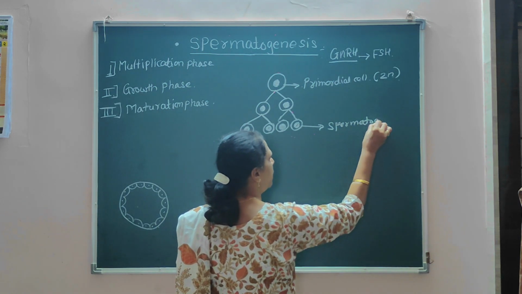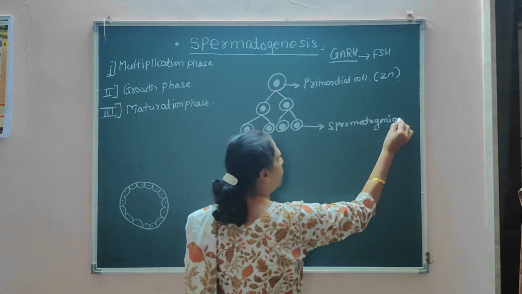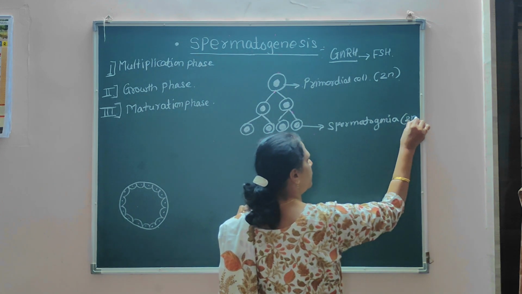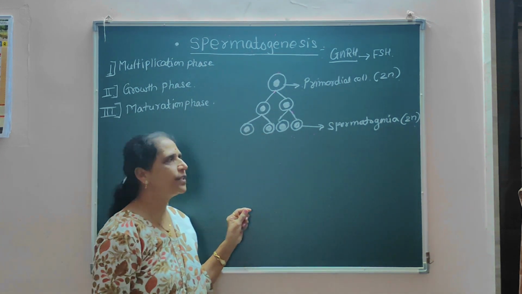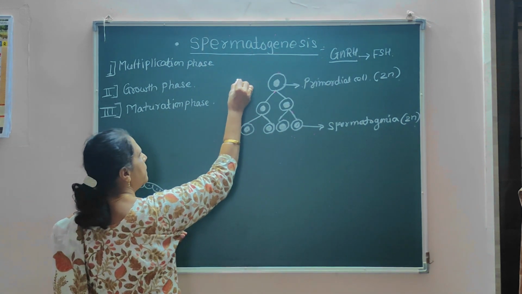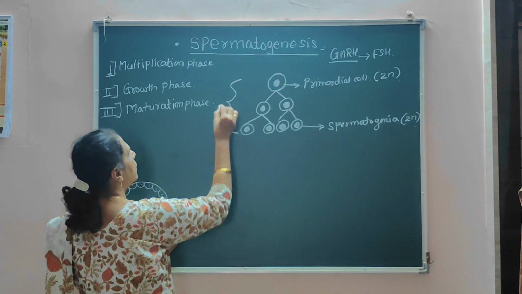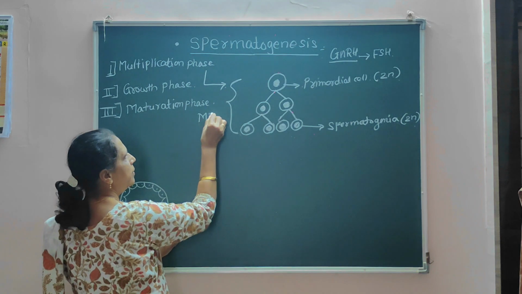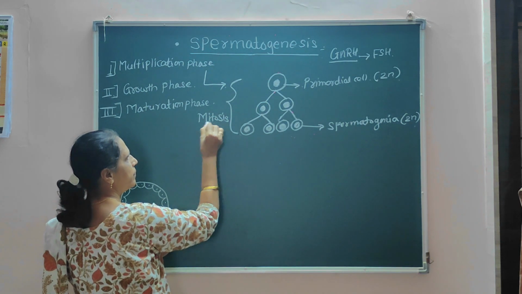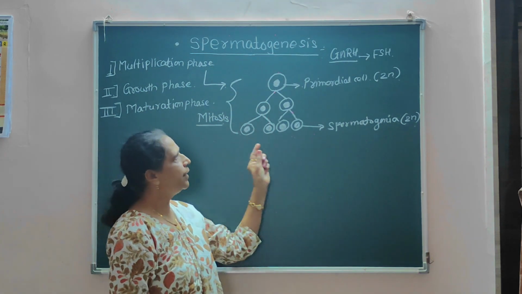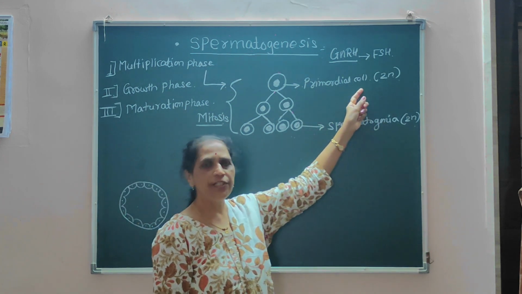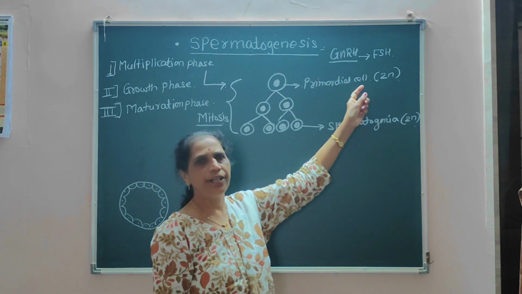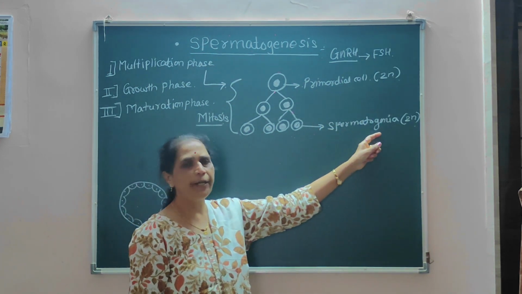These spermatogonia are also diploid in nature, containing 46 chromosomes, and this phase is called multiplication phase, which takes place by mitosis. So by repeated mitotic divisions, primordial germ cells, which are diploid in nature, form spermatogonia.